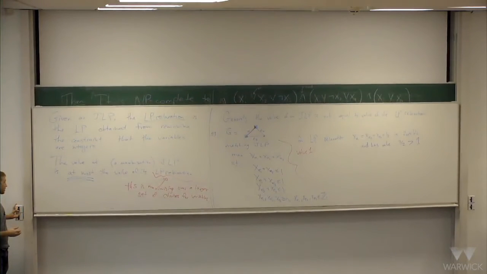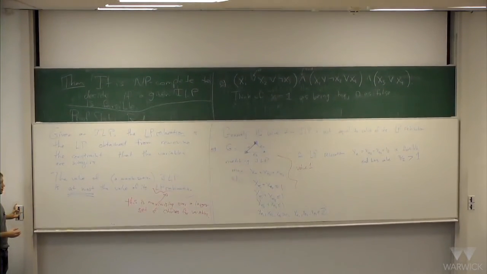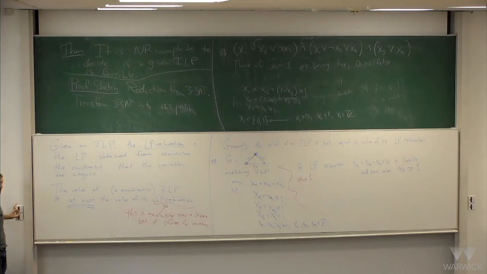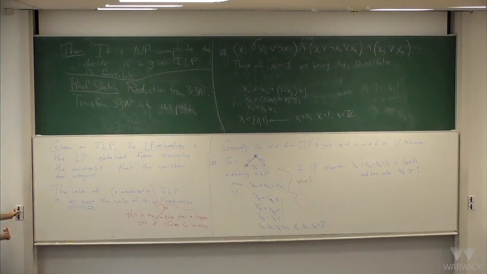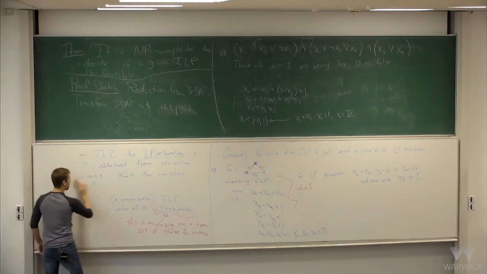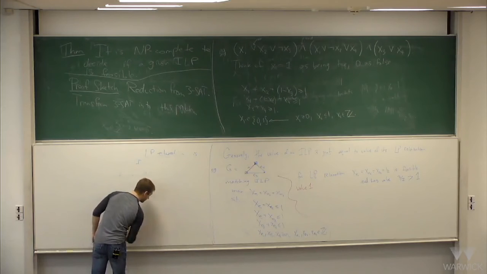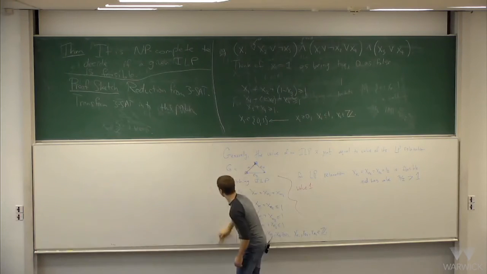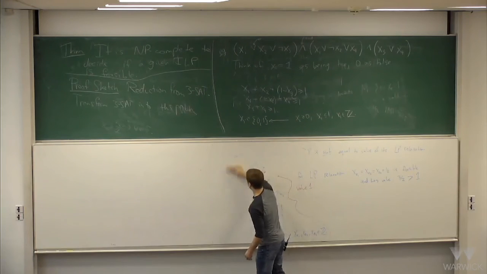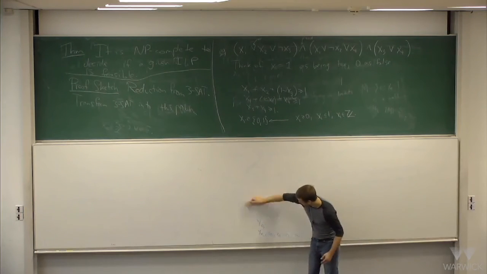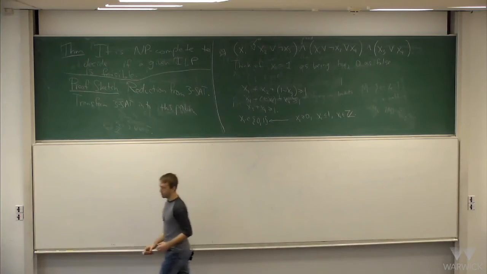But sometimes you do want to solve problems that have strict inequalities, and you can transform these problems, but it takes a bit of thinking. So generally, integer linear programs are quite hard, even though linear programs can be solved in polynomial time.